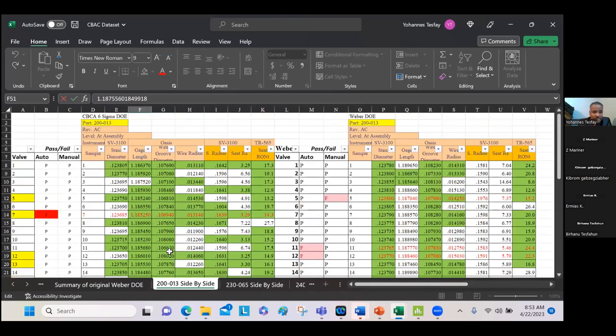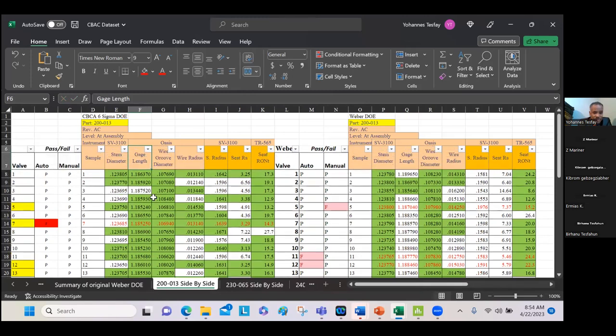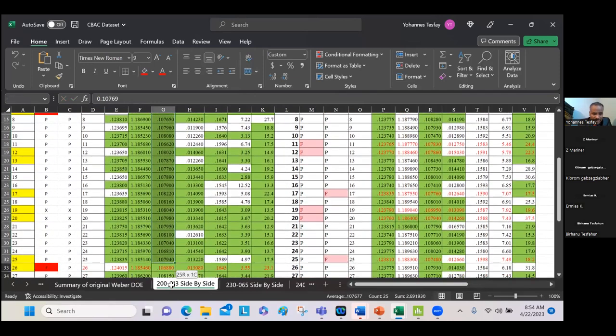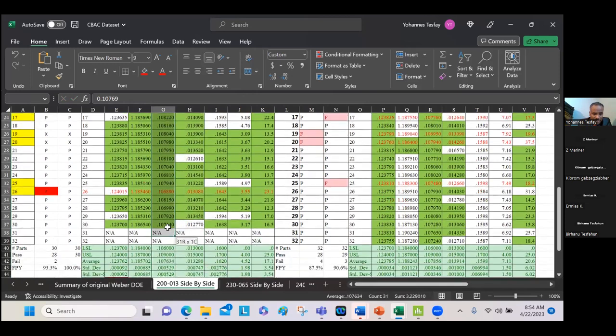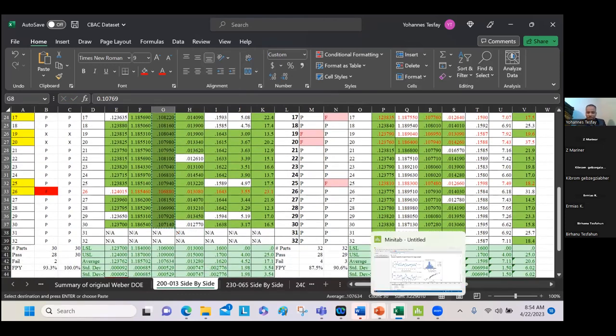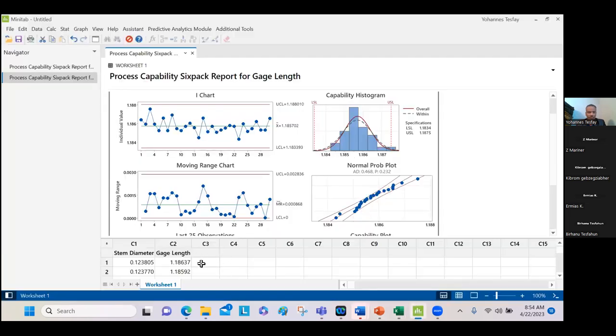But the calculation we used to get the gauge length here is not much. Wire groove diameter, so I'm going to just take that wire groove diameter. Okay, I'm going to take that here and paste it.